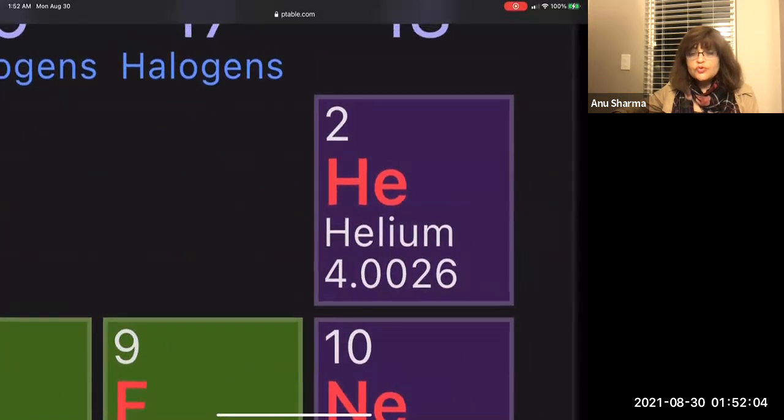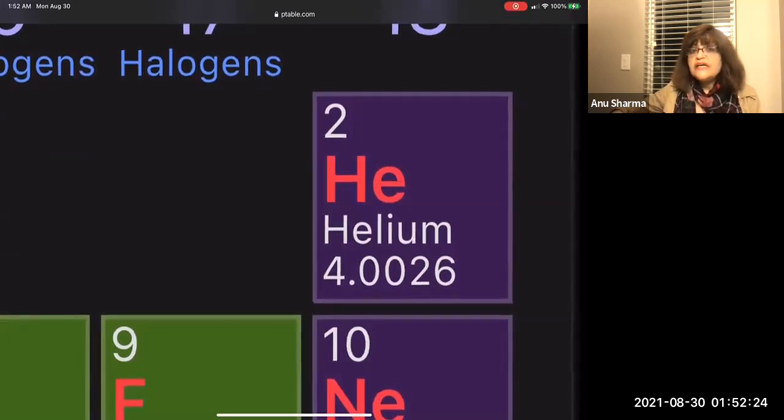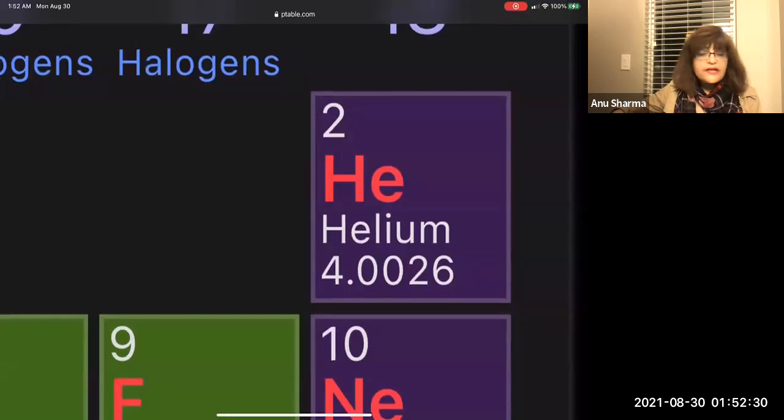Okay, 2 stands for the atomic number, and that atomic number is the number of protons. And now what do you see here? With two protons, hydrogen was highly reactive, but helium is non-reactive. So that changes the chemical properties also. Physically, both of them are gases, but chemically, helium is inert. It does not react with anything.